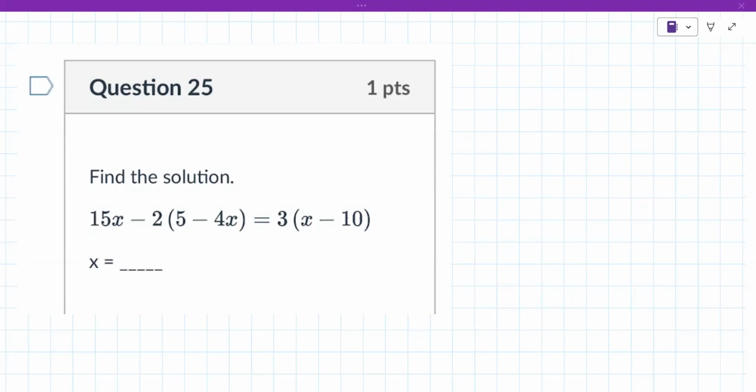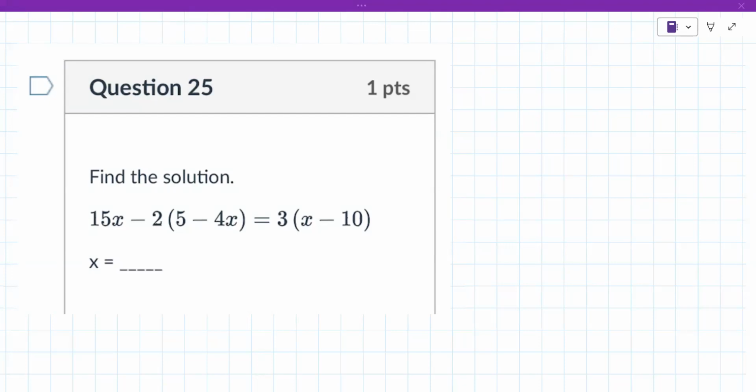Okay. 15x, go ahead and move that over there. 30x minus 10, okay. That's gonna go ahead and be 20. 4x is still good. Now that's gonna be negative 8x over 15x.